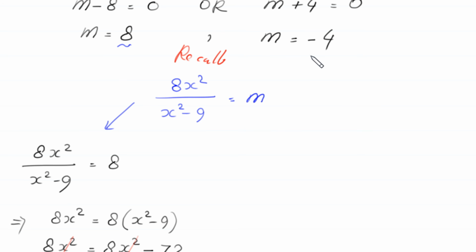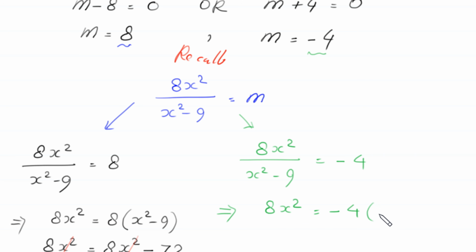Now when m is equal to negative 4, then this equation will become 8x squared divided by x squared minus 9 is equal to negative 4. And if we multiply both sides by x squared minus 9, then this implies that 8x squared is equal to negative 4 times x squared minus 9.